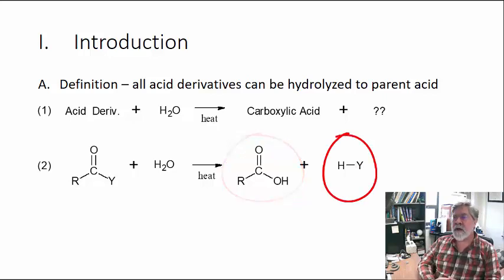So the group that makes the derivative will pick up one of the hydrogens, net, from water. Or you can look at it stoichiometrically: a hydrogen from water, and the OH from water went onto the carboxylic acid.